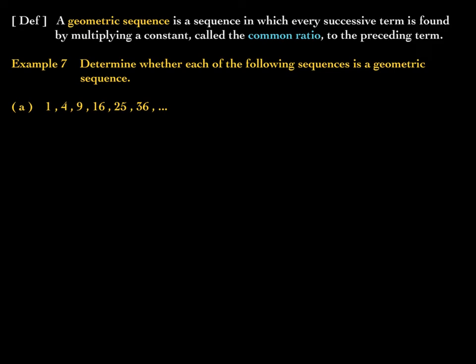And then that'll show me what the ratio is between those two terms. For example, if I take the second and the first term and divide them, I get 4 over 1, which is 4. So the ratio of the first and second terms is 4.